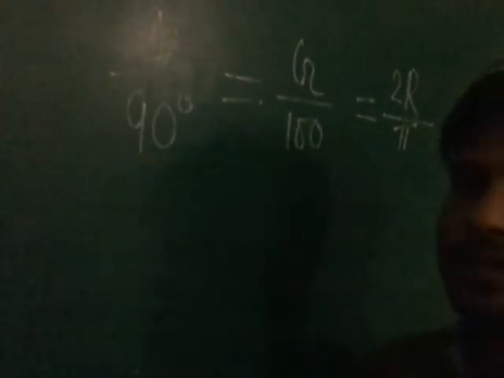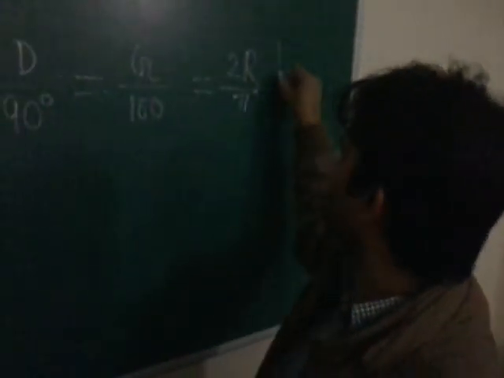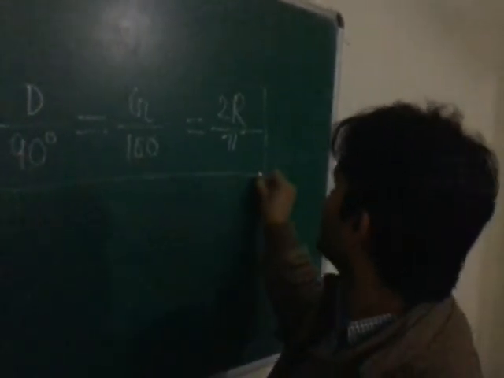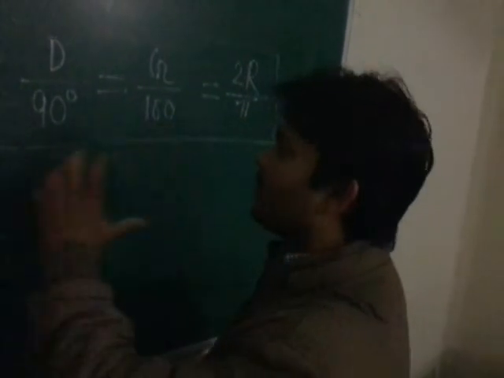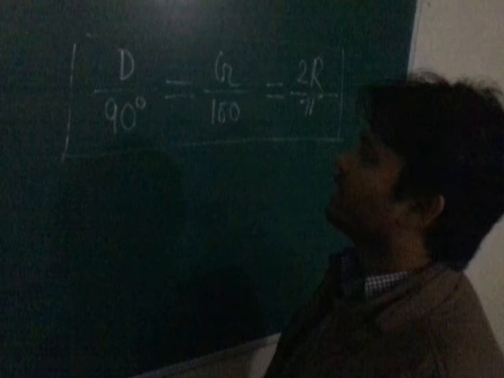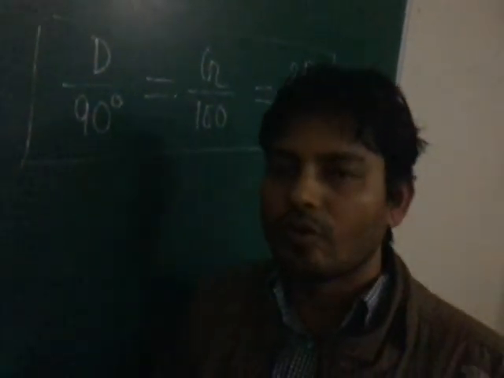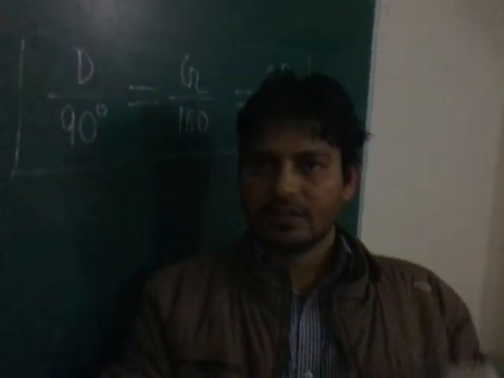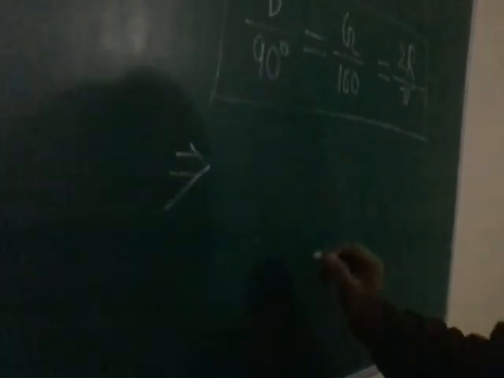Every student, if we know this relation, if you learn this formula by heart very well, then using this formula we can solve all kinds of problems regarding measurement of the trigonometrical angles.